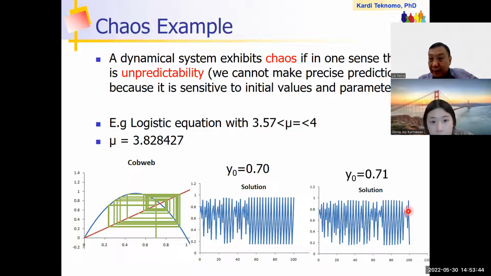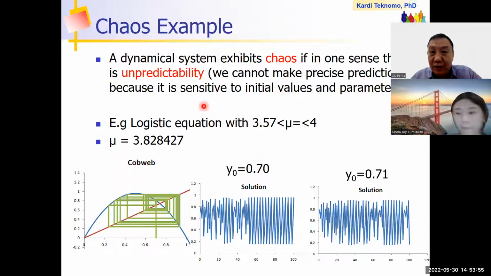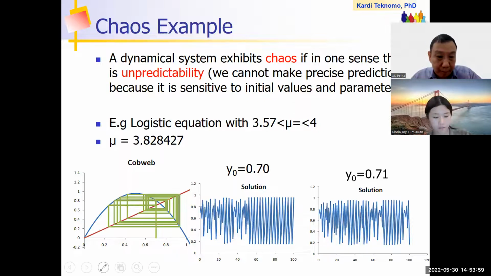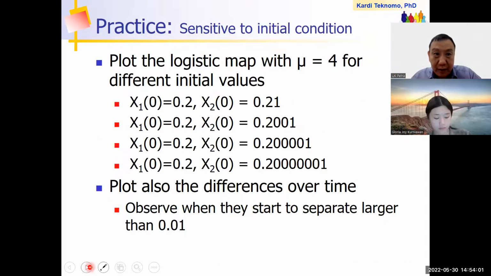Is that so? Yes. So you can see this is what is called chaos. Very sensitive to initial condition. Sensitive to initial value. Okay, and of course the parameter. Right. So try this.